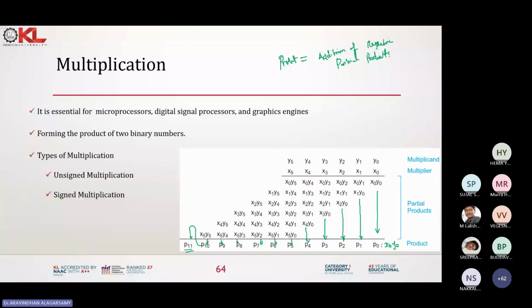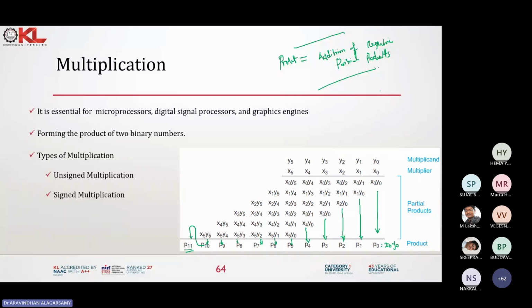Is it clear about the multiplication? No one should have any confusion on multiplicand, multiplier, partial product and product. If it's clear, then we move forward to the next slide.